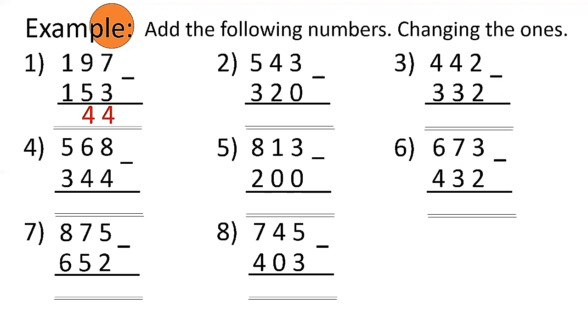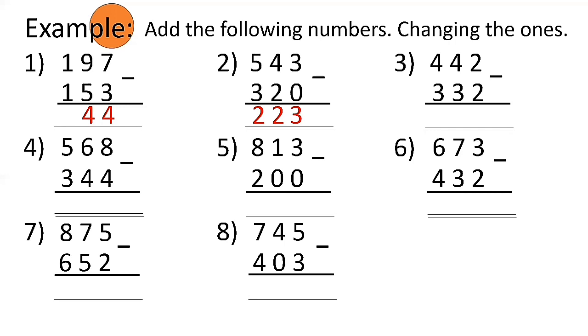So our answer here is 44. Number 2, 543 minus 320. 3 minus 0 is 3, and 4 minus 2 is 2, and 5 minus 3 is 2. So our answer here is 223.